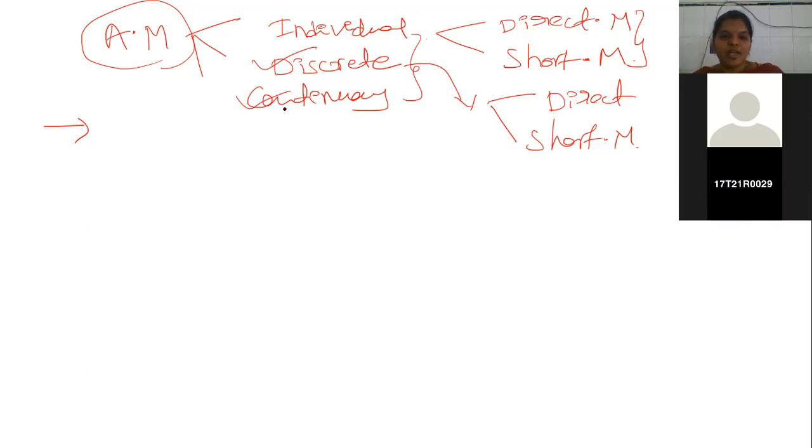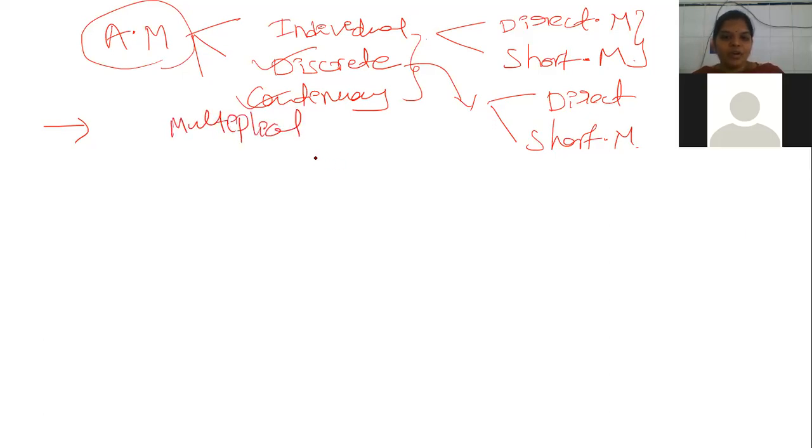So we need to multiply frequencies with variables. This is the discrete series direct method.